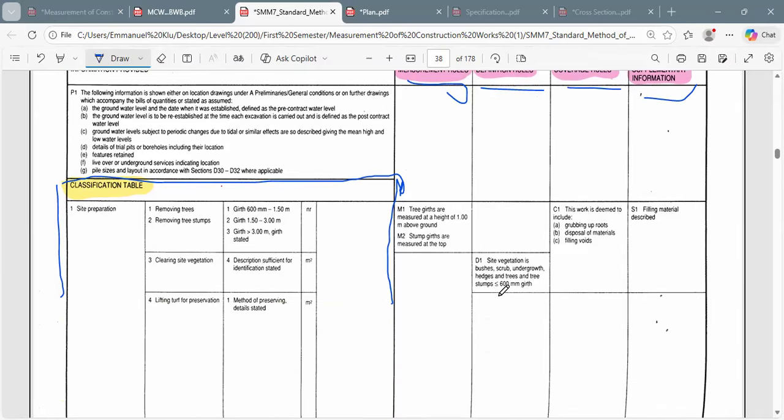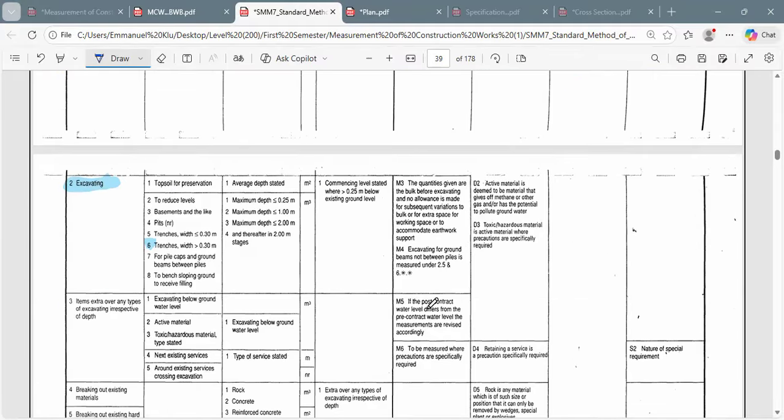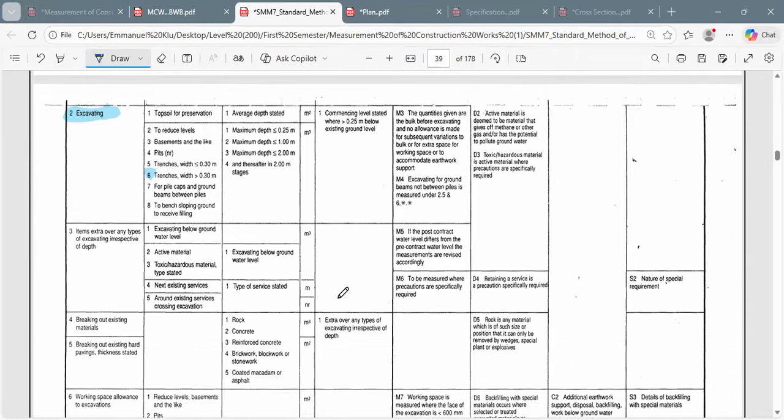Don't get confused on how to open these books. Once you apply them in coherence with the book, you are never going to lose marks.